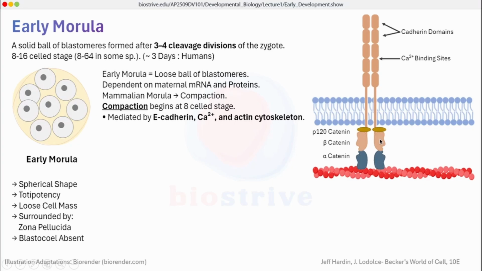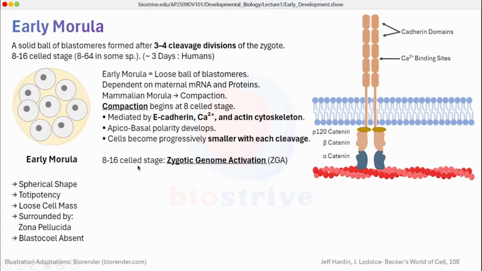If we look at the cytosolic side, these cadherin proteins are associated with the actin cytoskeleton through catenin proteins, and they are p120 catenin, which is protein 120 catenin, beta catenin and alpha catenin respectively. Some of the cells of early Morula will acquire apicobasal polarity, and these cells will be acting as peripheral cells, and some of the cells will not acquire this polarity, and those cells will act as the cells of the inner cell mass.